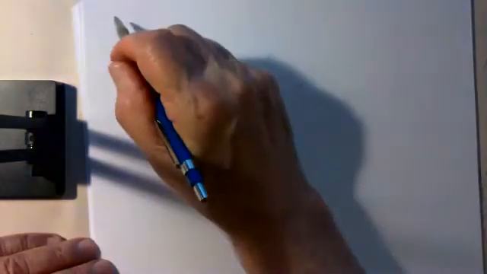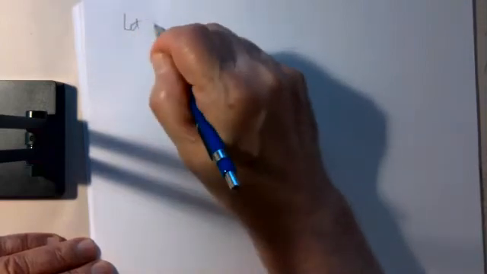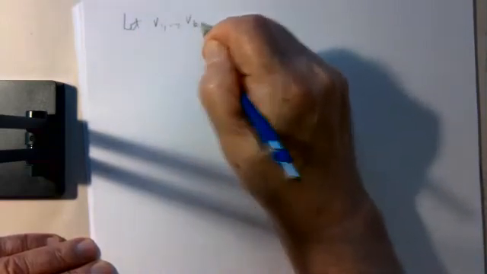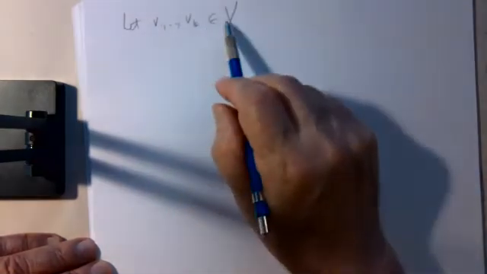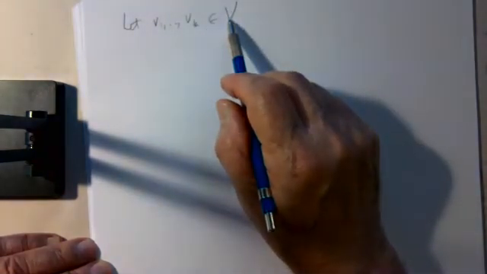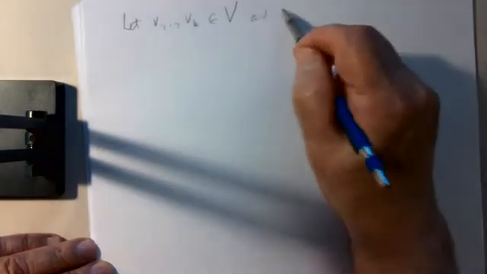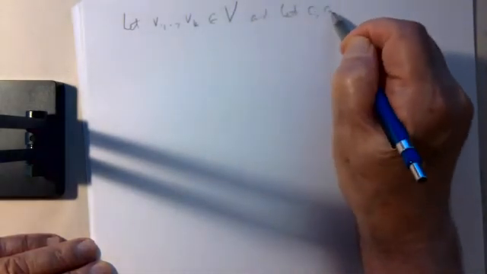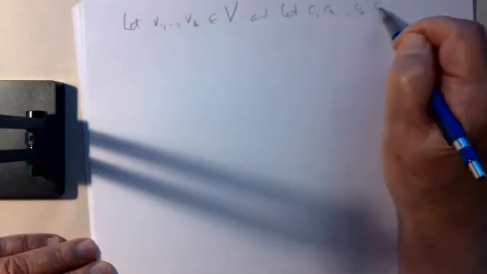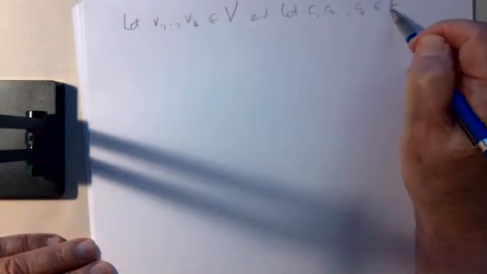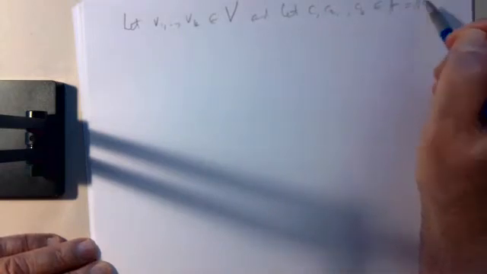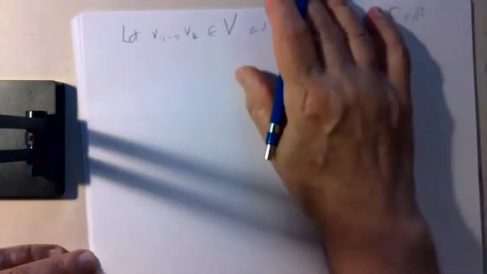Now, suppose in a vector space V, we let v1 up to vk be vectors. This means these are elements in the vector space V. And let c1, c2 up to ck be scalars in the field F, which for us is usually the real numbers.